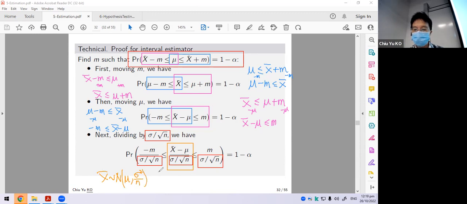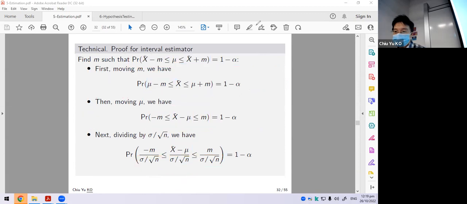So this guy means this is standard normal, Z. So this is Z. Maybe I can go to the next slide because that would be faster. Is that okay for this one? I'm going to the next slide.